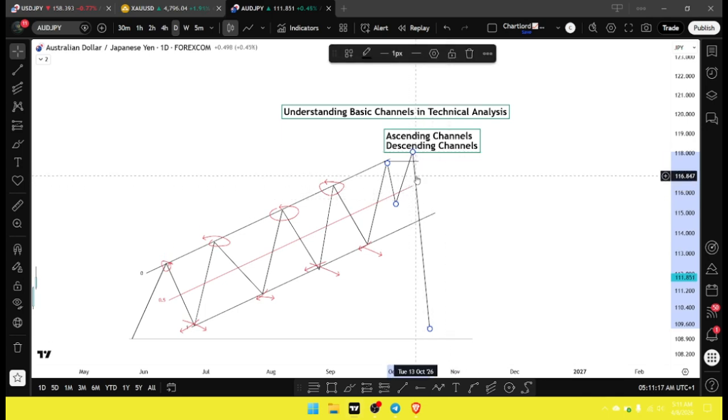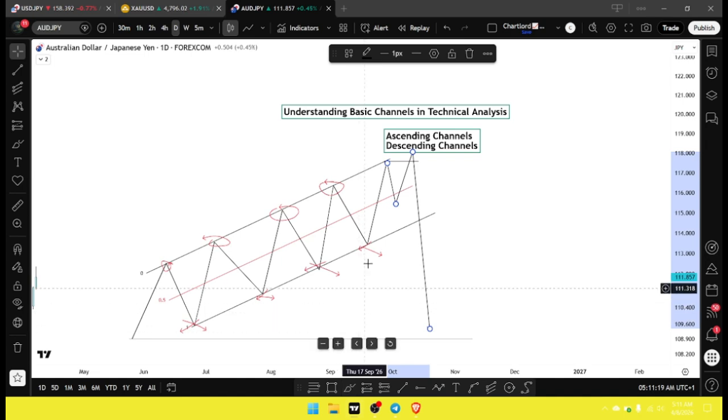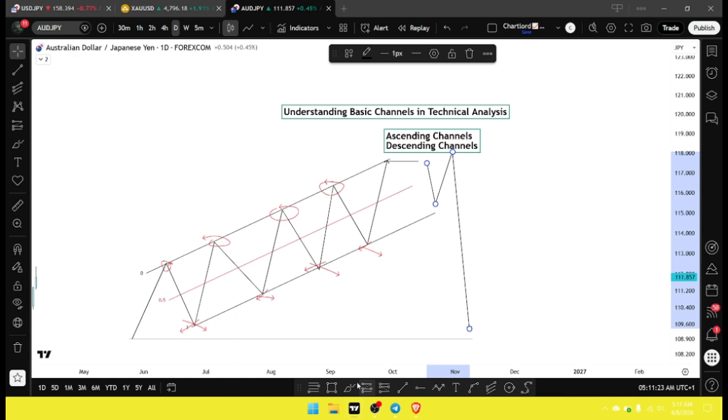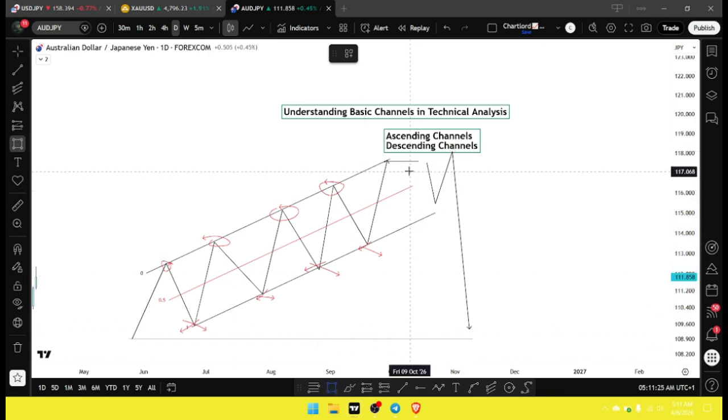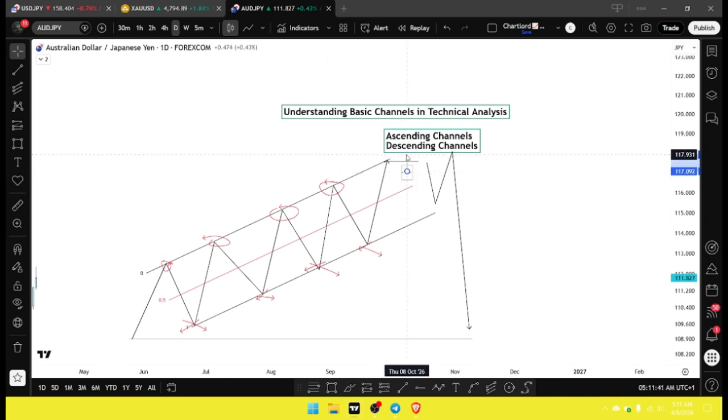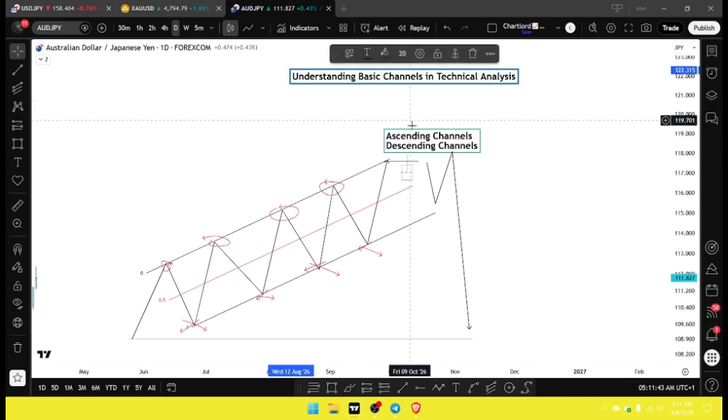So what that means is sometimes you may get, let me move this aside, you may get price print a candle like this, just take out the high of the structure and start selling.